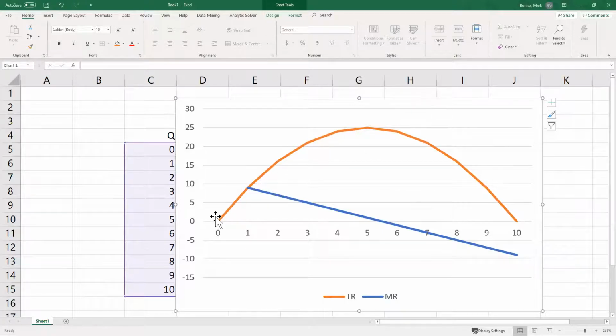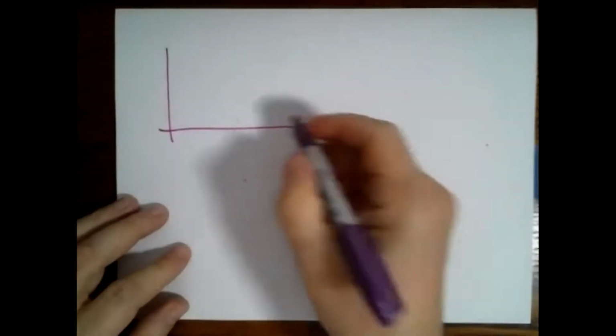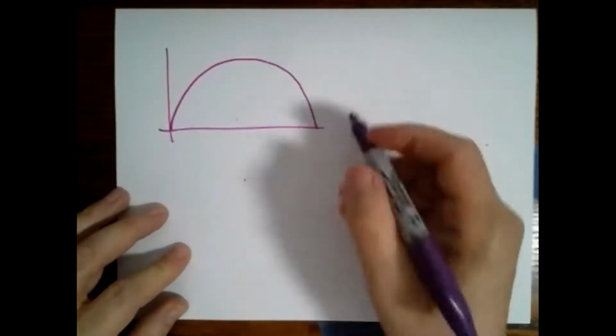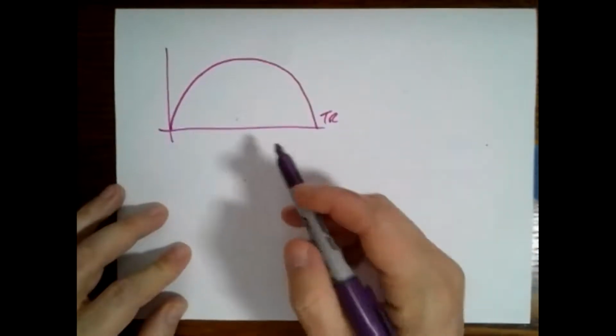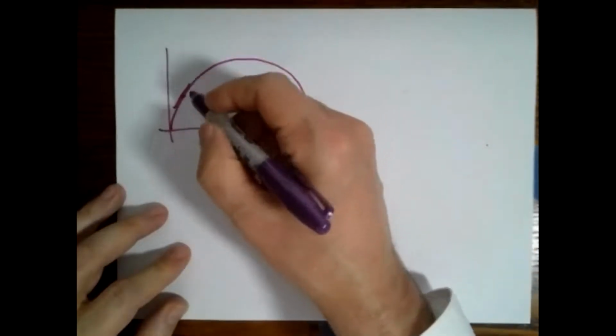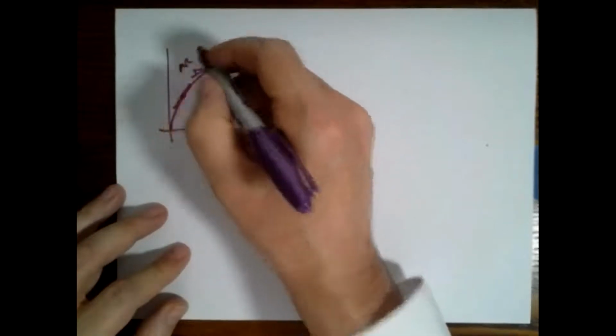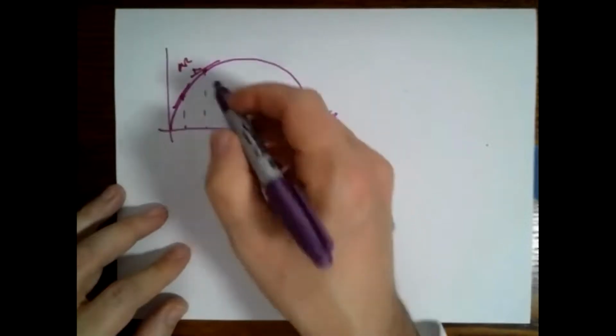Now, remember, the marginal revenue is actually the slope of this curve. So the slope at the top of a curve like this is going to be a flat line. All right, so let me draw what I have up on the board now, it's easier for me to do it visually. So if this is my total revenue curve, the slope of the total revenue is my marginal revenue at any given point, at any given quantity.